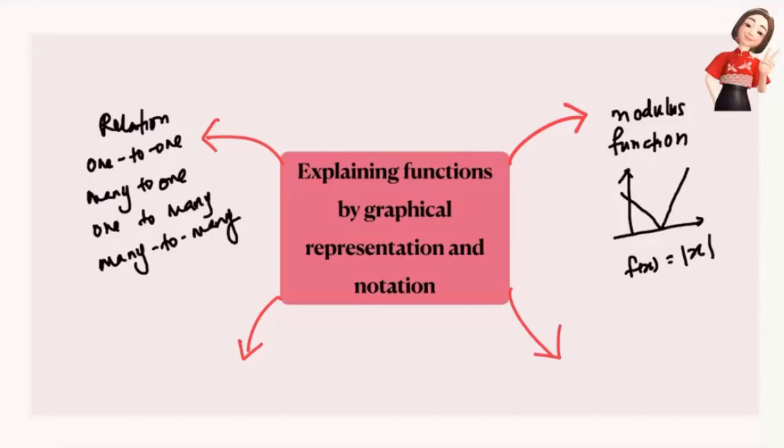Just now Amy Faizal just stated all the relations. So from these 4 relations, which one is a function? Which one? Many to 1 and 1 to 1. Okay, remember that for a function, the behind must be 1. 1 to 1 and many to 1, that's the only relations which are considered functions.